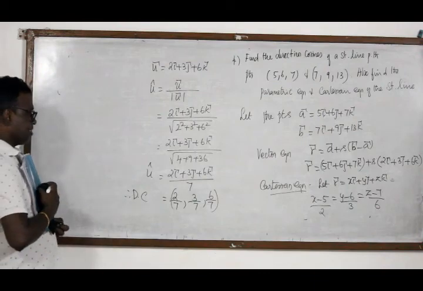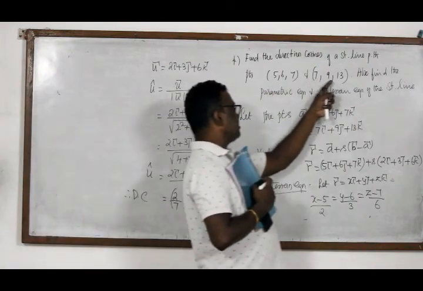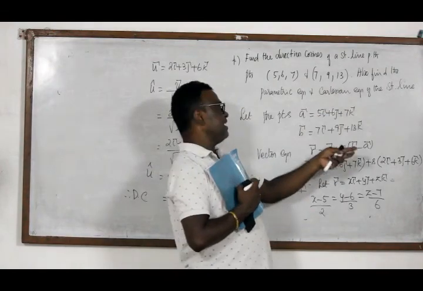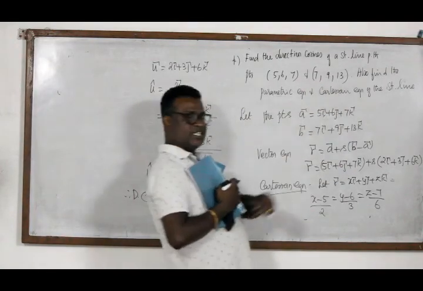So I got this direction cosine by taking this point as A and this point as B. But I am free to take this one as A and this one as B, isn't it?